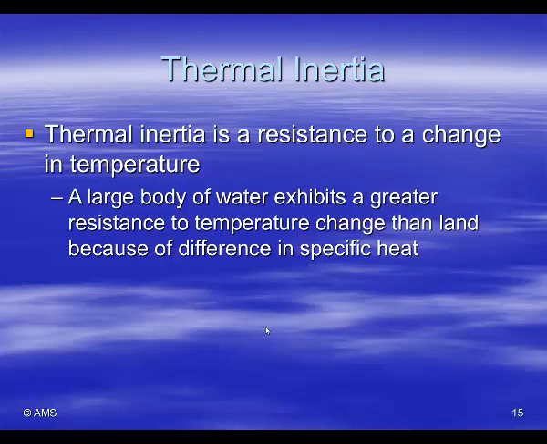And also in the fall, the land is becoming colder and colder, whereas the ocean is taking a while to cool off. So this is known as thermal inertia, and the oceans have a greater thermal inertia than the land does.